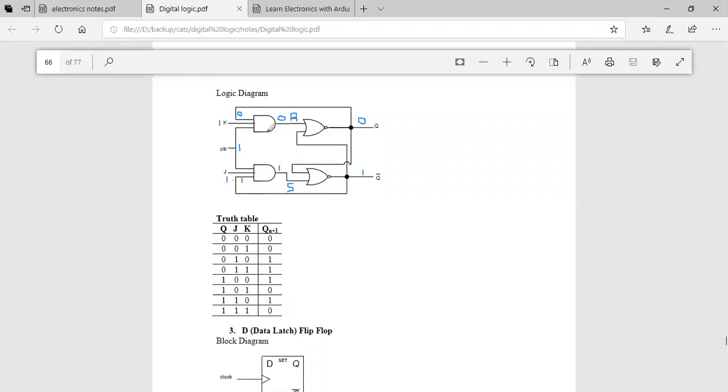So 0 and 1 is 0. 1 and 1 and 1 is 1. So S is 1. What does that mean? Q will be 1, which means set. And that's what we have here.